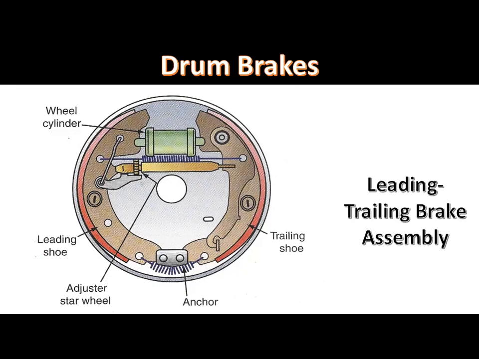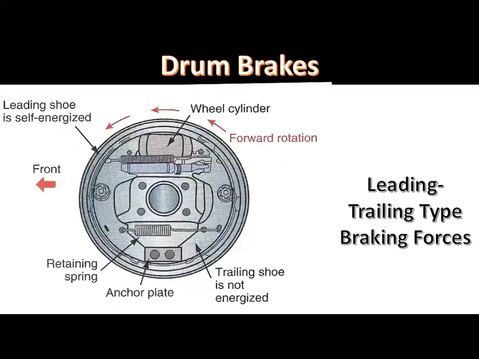In a leading trailing brake system, there is less servo action. When the leading shoe is forced against the drum surface, the wheel rotation tends to force the shoe against the brake drum surface.